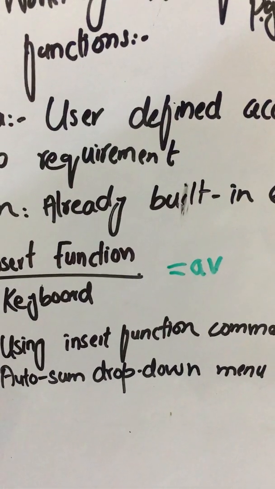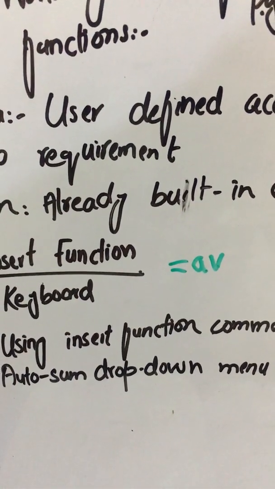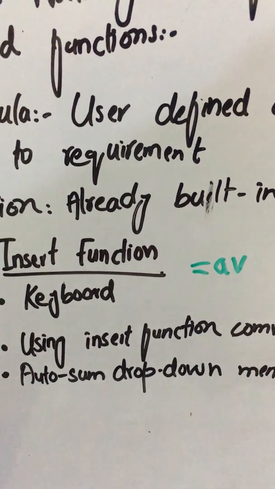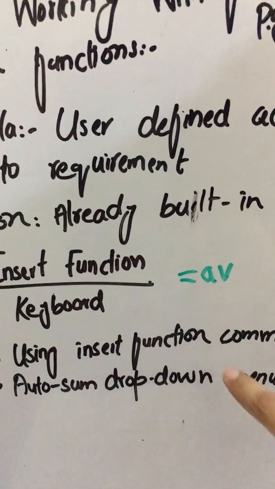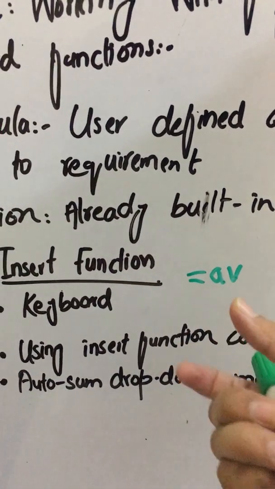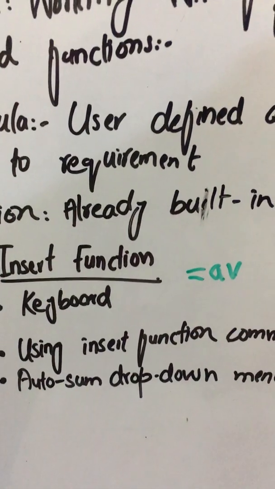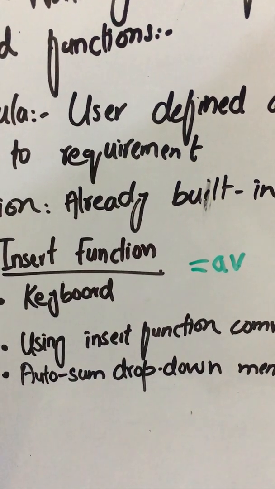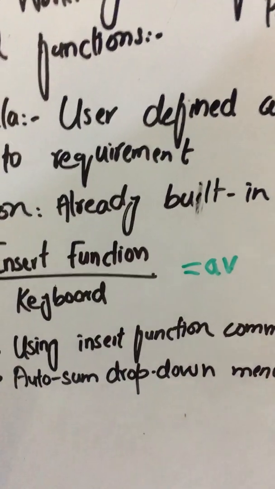Then another method is by using the insert function command. In this way, I will first select the cell where I want the result of my value to appear. Then click the insert function command. Insert function dialog box will be displayed.